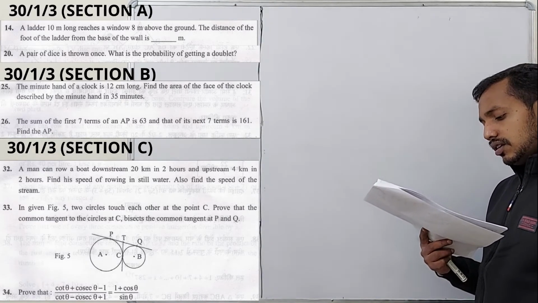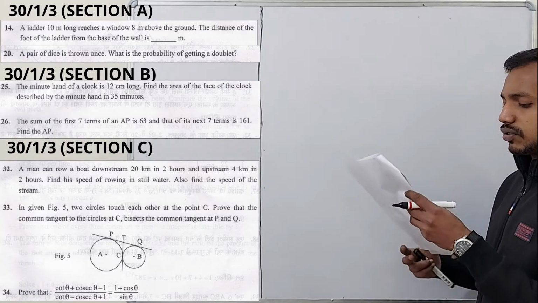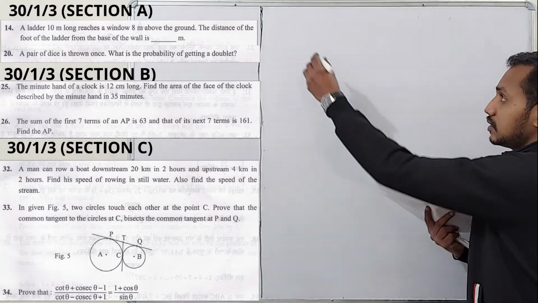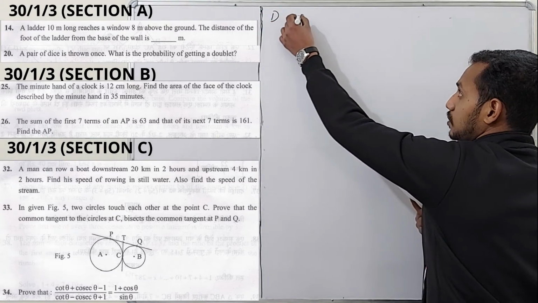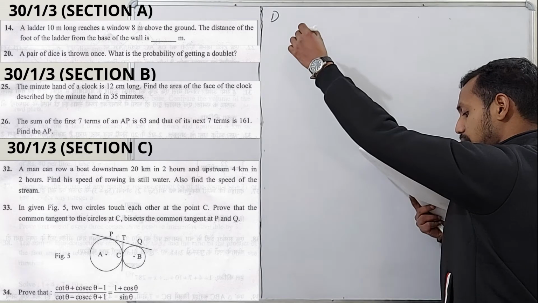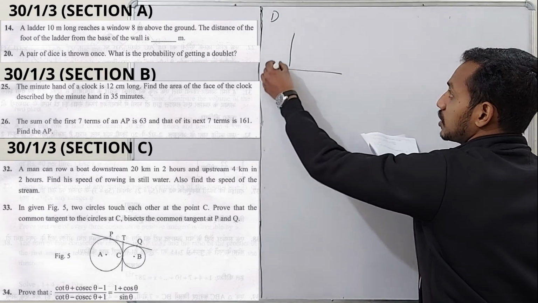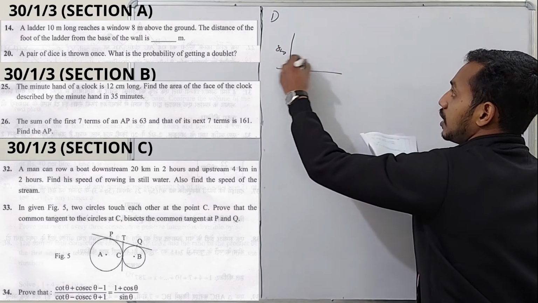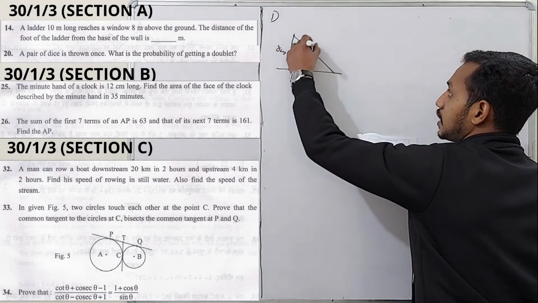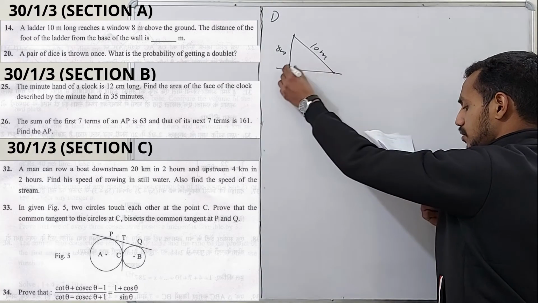That means this is directly by using the application of Pythagoras theorem. A ladder 10 meter long reaches a window 8 meter above the ground. So the window is 8 meter above the ground, and the length of the ladder is 10 meter. Find the distance of the foot of the ladder from the base of the wall.